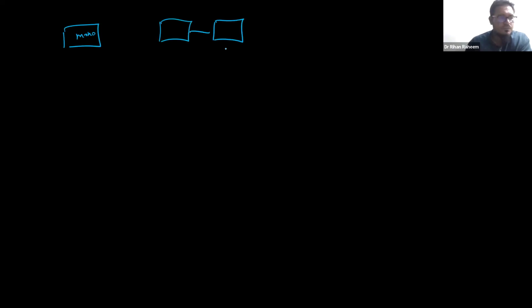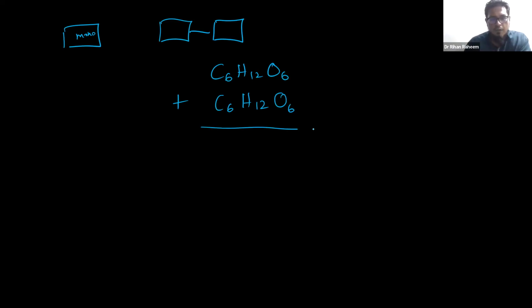Again, I'll show it. 1 monosaccharide. In disaccharides, 2 monosaccharides are joining. So what is happening? C6H12O6 plus another C6H12O6. When you add this, we will get C12H24O12, right? But when a bond is forming, who's getting released?